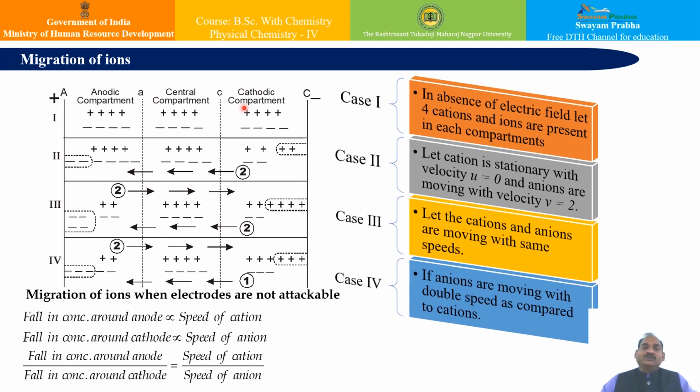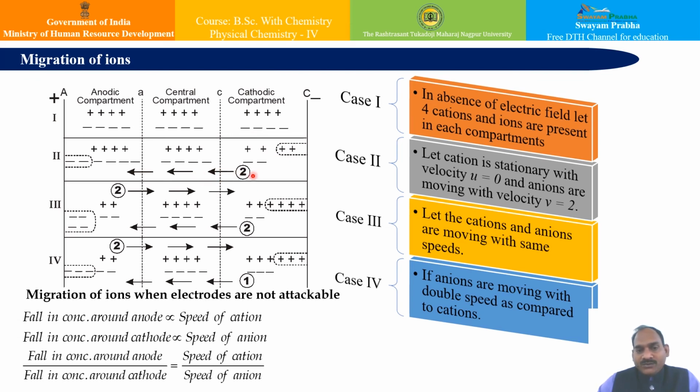Now let us assume the second case. In this case, let the cation be stationary, and let its velocity be denoted by u, that is u is equal to 0, and the anions are moving with velocity v is equal to 2.